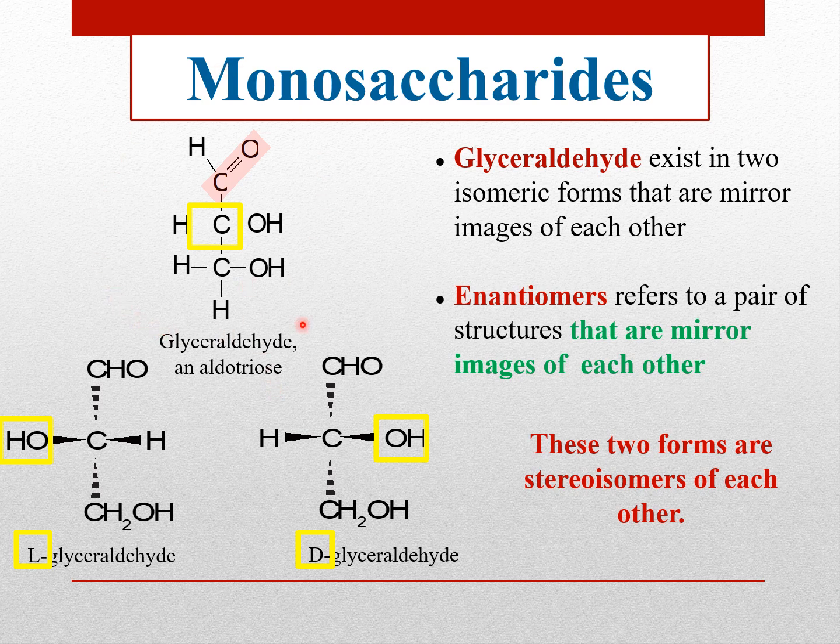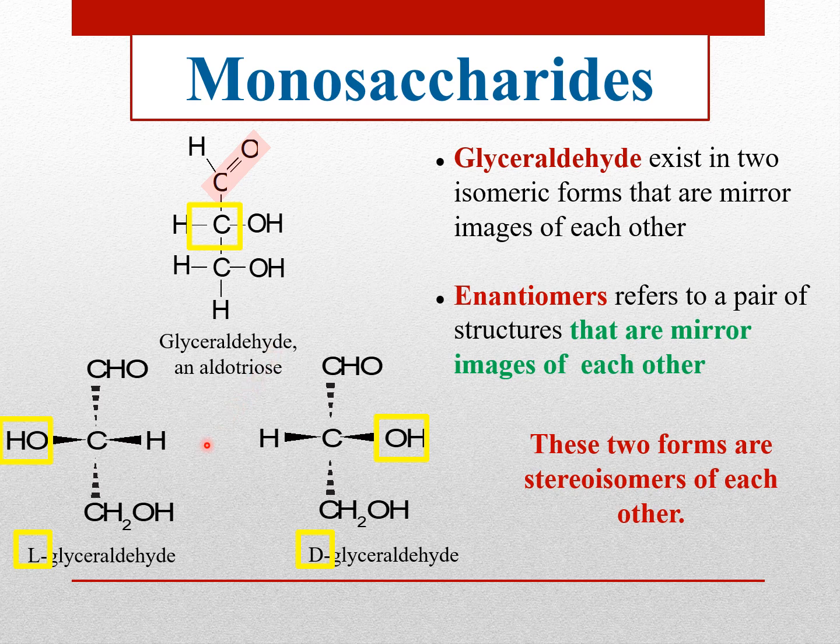Since it's acyclic, no ring, because it only has three carbons, how to put it into a ring. Four also, I think, cannot. Five and six can be put into ring structure, which we will look into in that representation.